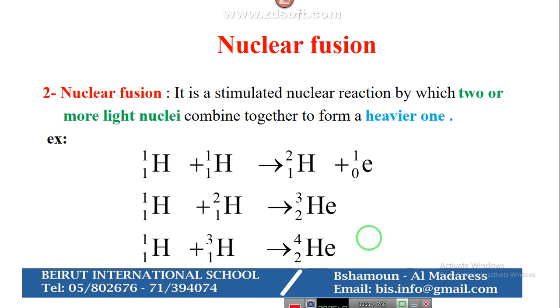Also, proton plus deuterium gives tritium. We have two light nuclei combined to form a heavier one, while in fission we have a heavy nucleus bombarded by a neutron and decomposed into two smaller ones.